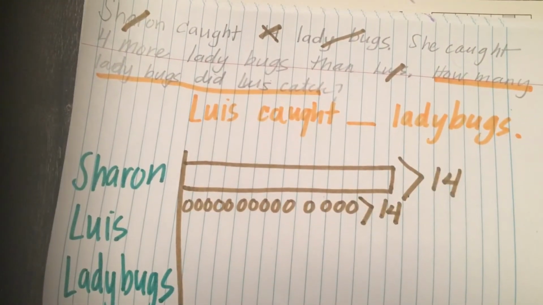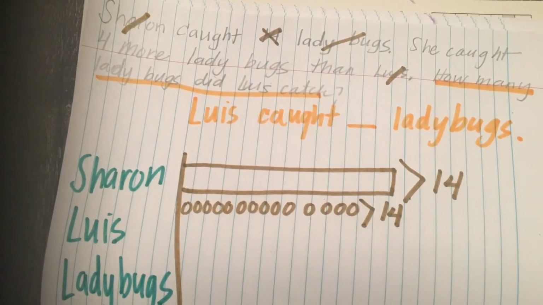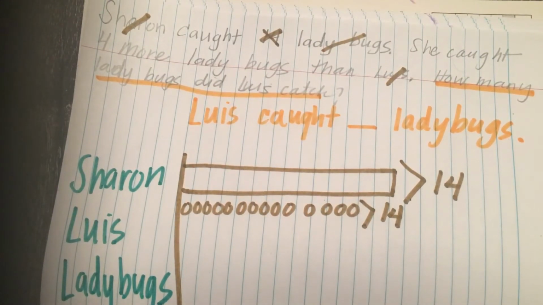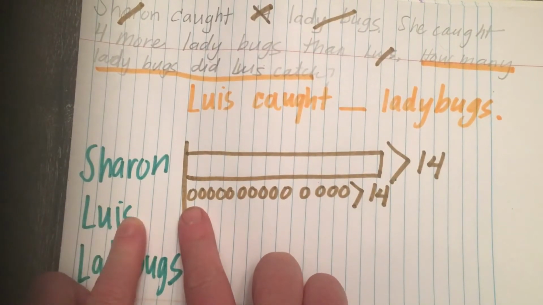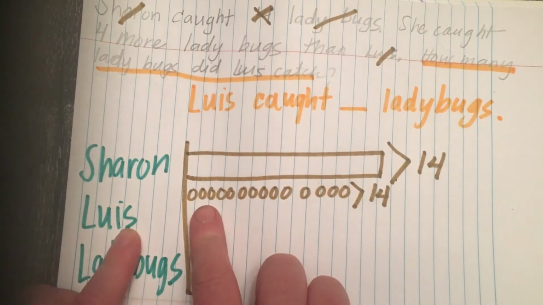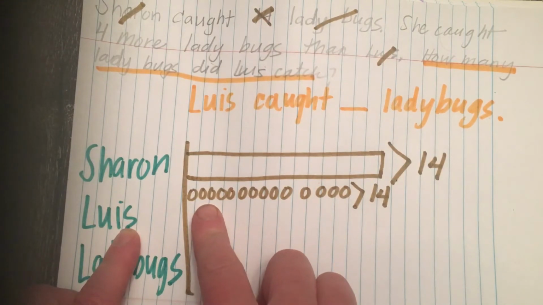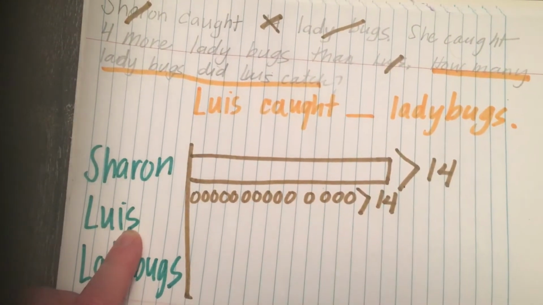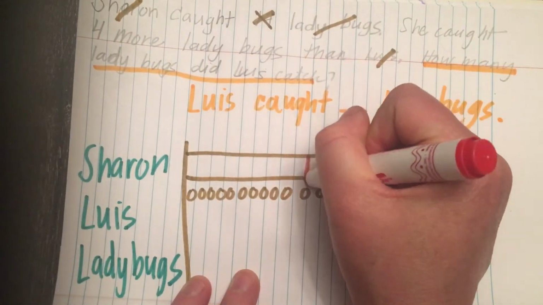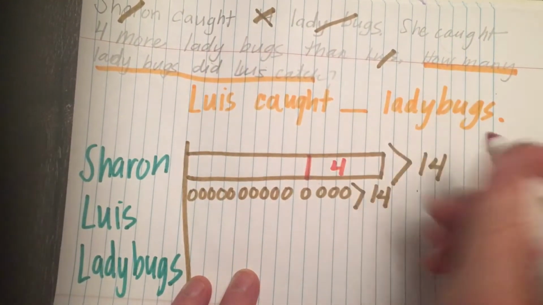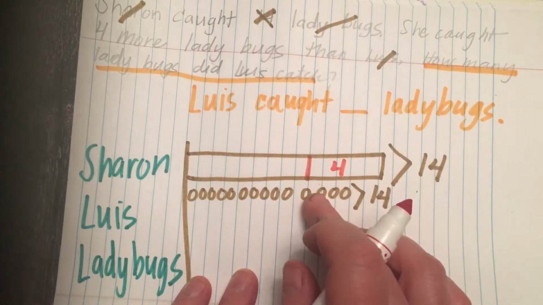So if we look at this, whatever I know Sharon caught, she caught 4 more ladybugs than Louise. So I know this part of my bar is 4. Okay, so I'm down to my whole and a part.